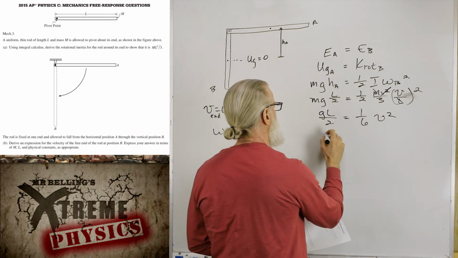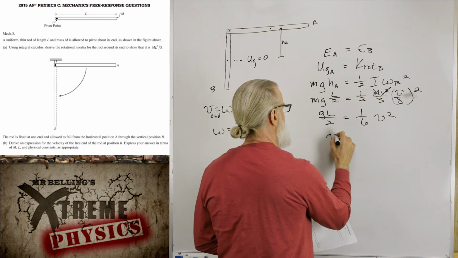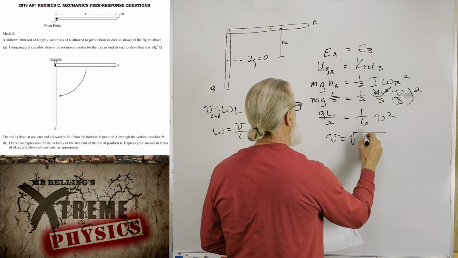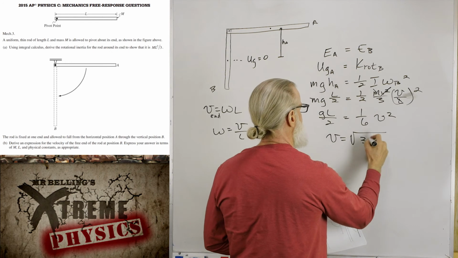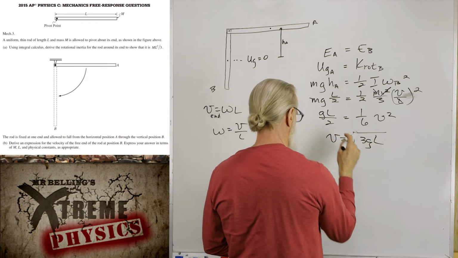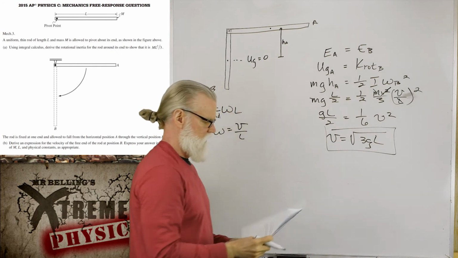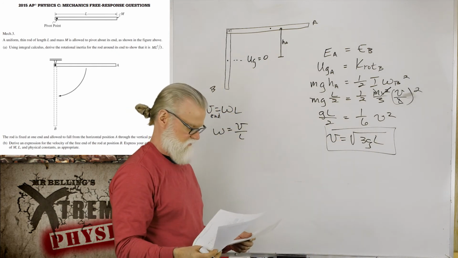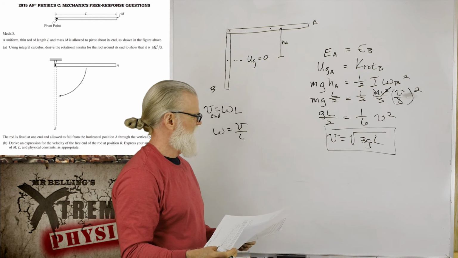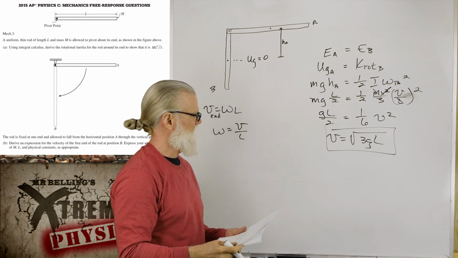All right. So it looks like v equals the square root of 3gL. So what do we got? That's what we get. So v equals the square root of 3gL.